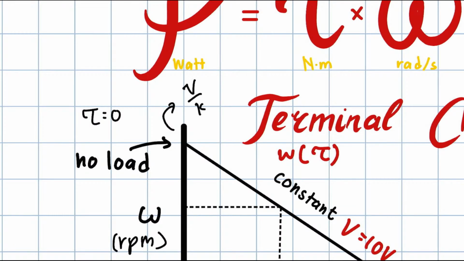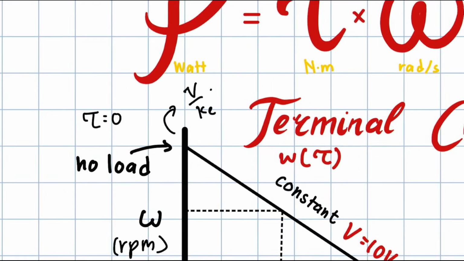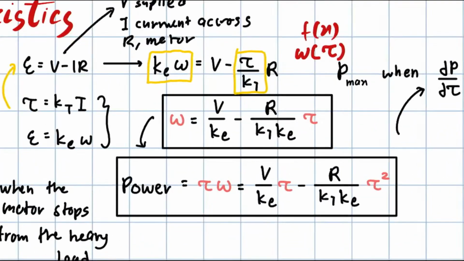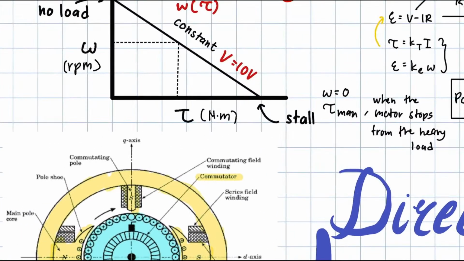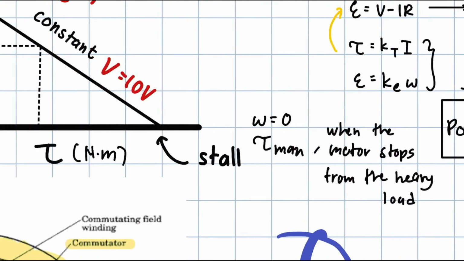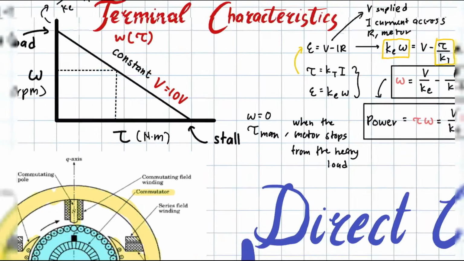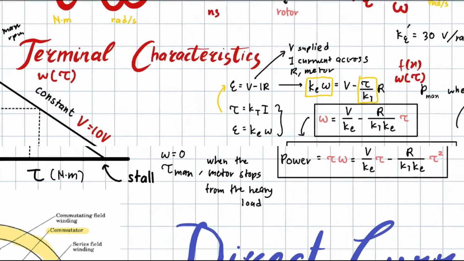That is when you want to find the maximum RPM. When angular velocity equals 0, you substitute and get the stall torque. Assume that the motor behaves ideally.